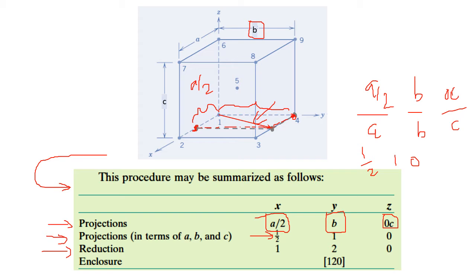After multiplying them by 2, we got 1, 2, 0. And finally, in the fourth step, we wrote the three indices in the square bracket. We enclosed them in a square bracket without separating them by commas. So those were the four steps of the procedure for finding out indices of a given direction.